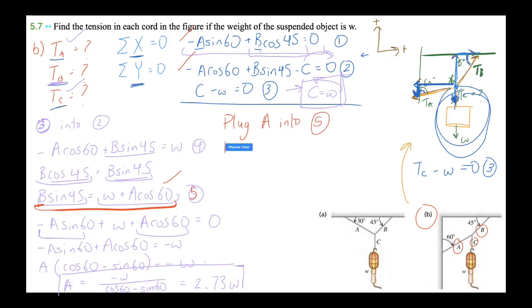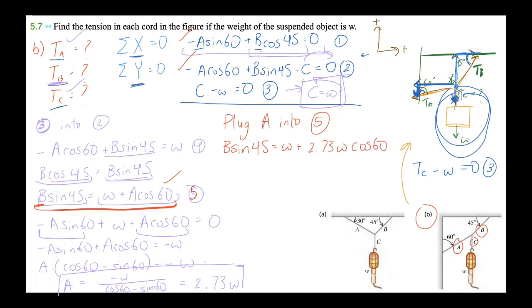So B sine 45 is equal to W plus 2.73W cos 60, right?